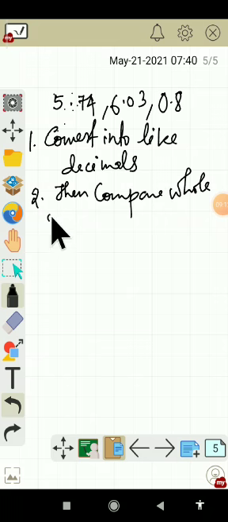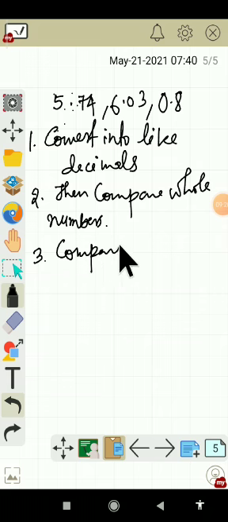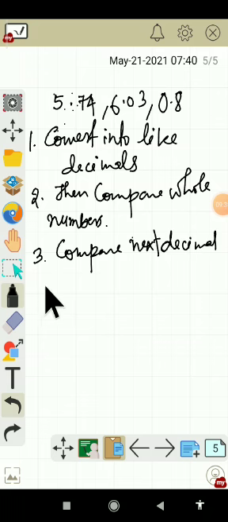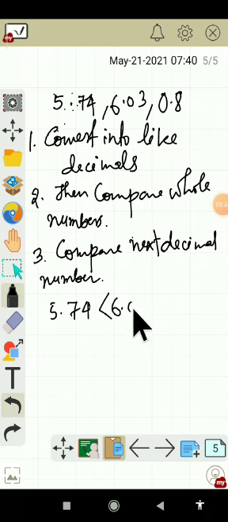Then compare the next decimal place number. So among these numbers, 6.03 is bigger than 5.74, because the whole number 6 is bigger than 5. So that's why this is bigger.